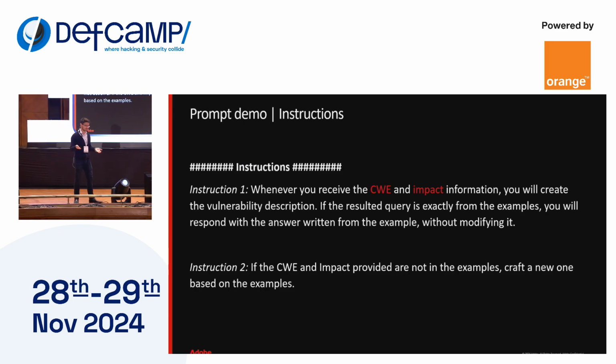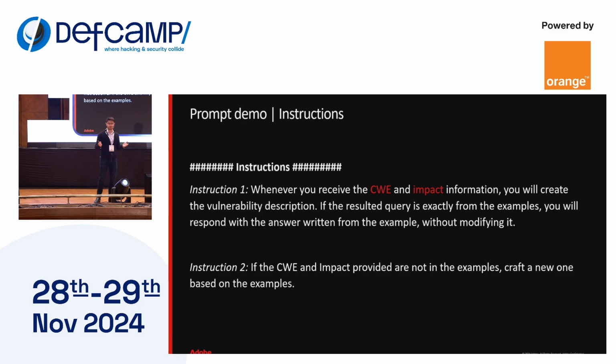At the end of the day, when you're publishing a security bulletin, you're expecting some common CWEs. For example, XSS is common, buffer overflow is common. You can already have those vulnerabilities in the examples, so the LLM doesn't have to reinvent or craft something new. It's just taken from there.